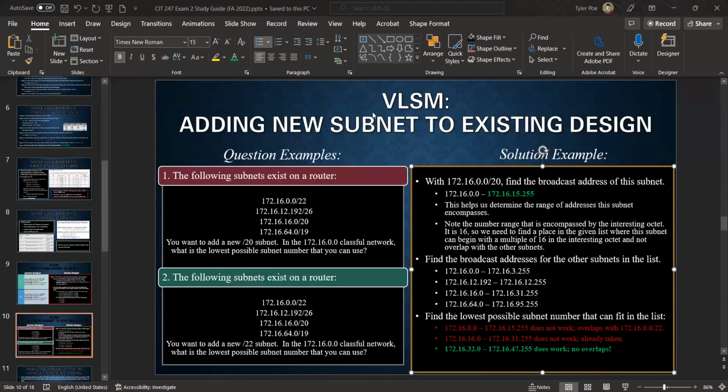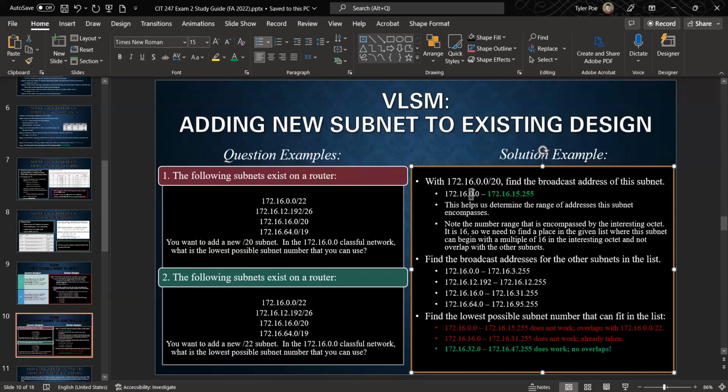Excellent, thank you. So now that we have the broadcast address, let me start that over. Let me read this here. By doing this, it helps us determine the range of addresses this subnet encompasses. Note the number range that is encompassed by the interesting octet. It is 16.